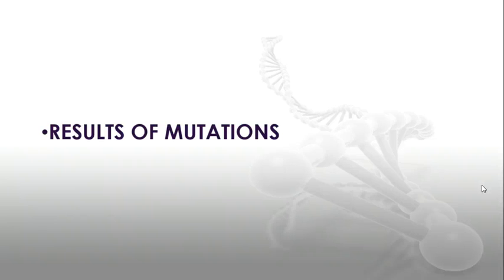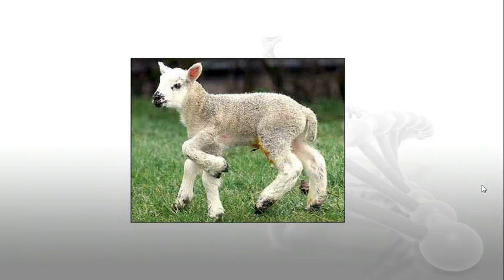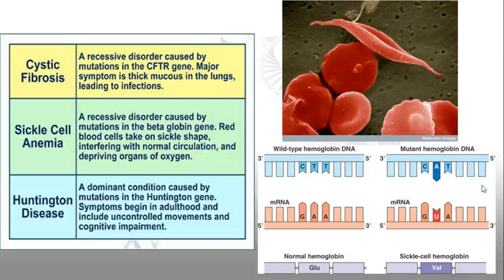So what are the results? Well, normally when we think of mutations, we think of something like this, and this is actually real. It definitely happens. But this is not really, and this does happen to humans as well. But really, when we start talking about mutations, oftentimes the result is a genetic disease. And these are 3 big ones that are actually caused by just mutations in one gene, okay?